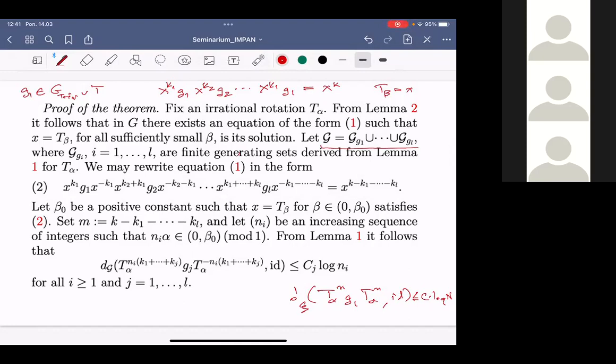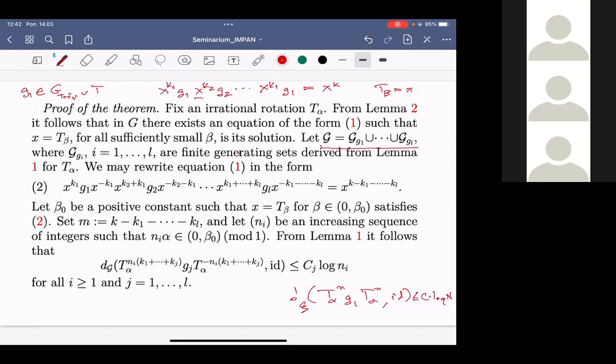easy to see why we're looking for an equation of this type. We rewrite this equation in the new form. We want to have here a conjugacy of subsequent elements. So we have x to the power k_1, g_1, x to the power minus k_1. Here we will have x to the power k_2 plus k_1, because we had here x to the power k_2.